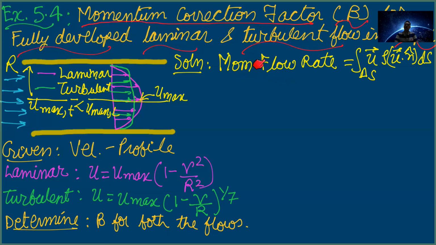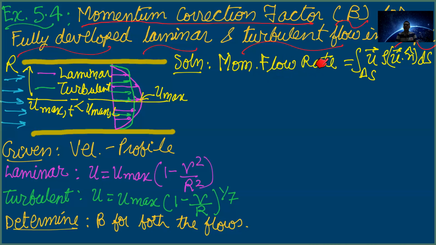Mass flow rate consists of velocity and surface area; velocity is a vector and surface area is also a vector, so mass flow rate is a scalar. But velocity is a vector, so the momentum flow rate is a vector quantity, and that way it is correlated with force, which is also a vector.